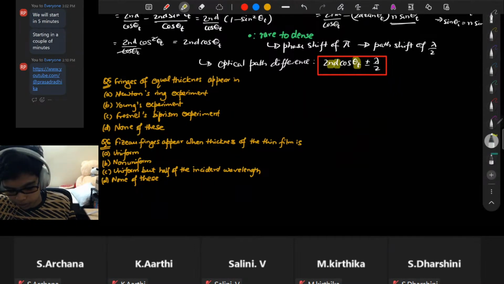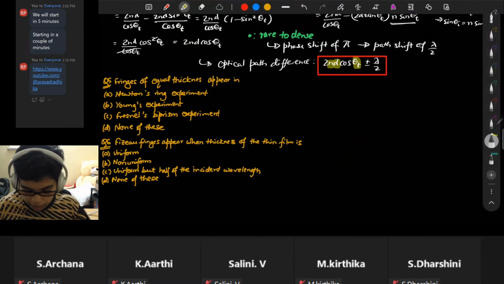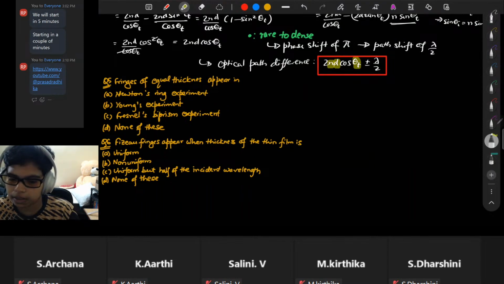To the next question. Fringes of equal thickness appear in A. Newton's ring experiment, B. Young's experiment, C. Fresnel's biprism experiment, or D. None of these.